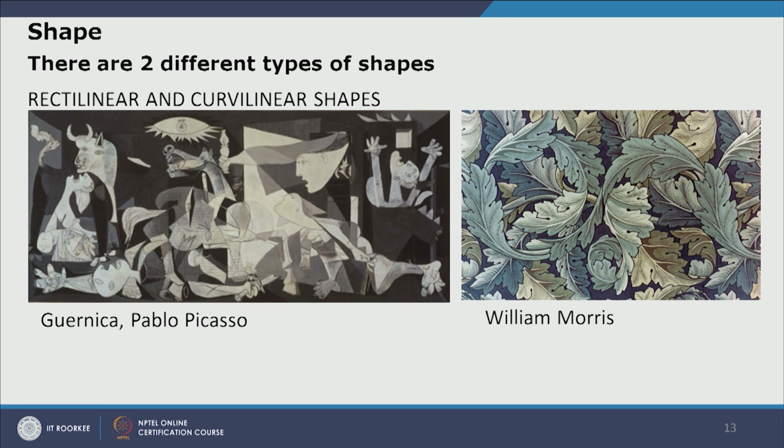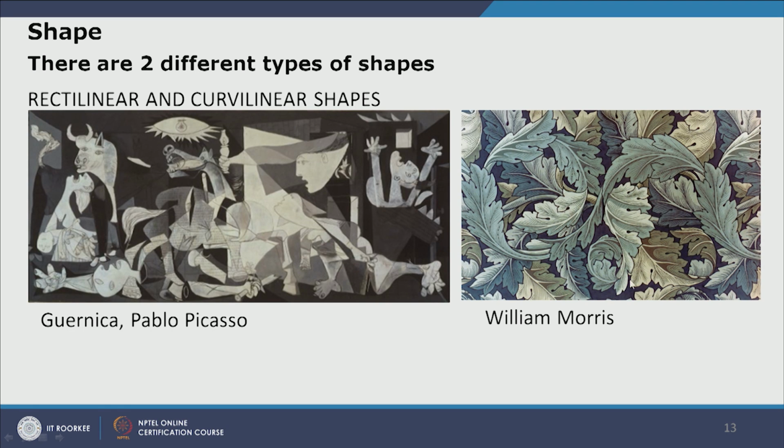In the first example, we can see Guernica by Pablo Picasso, the famous painter, and here we have a lot of angular characteristics of shape, a lot of angles and straight lines. Guernica is Picasso's drawing which falls under the Cubist movement, which generally has a lot of rectilinear characteristics, straight lines and angular features.